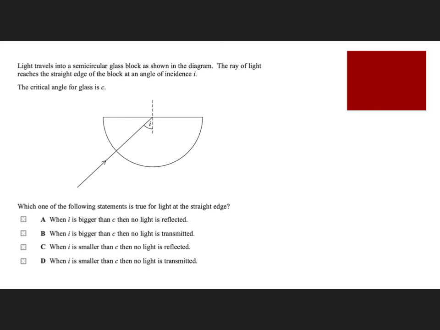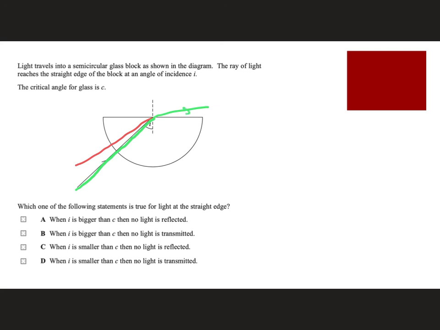Okay, so I'm going to start by drawing a couple of rays in here to help me out. So let's say that this ray here is going to be my critical angle. So if I then have this one here and it's not at the critical angle, then I am going to get some refraction.